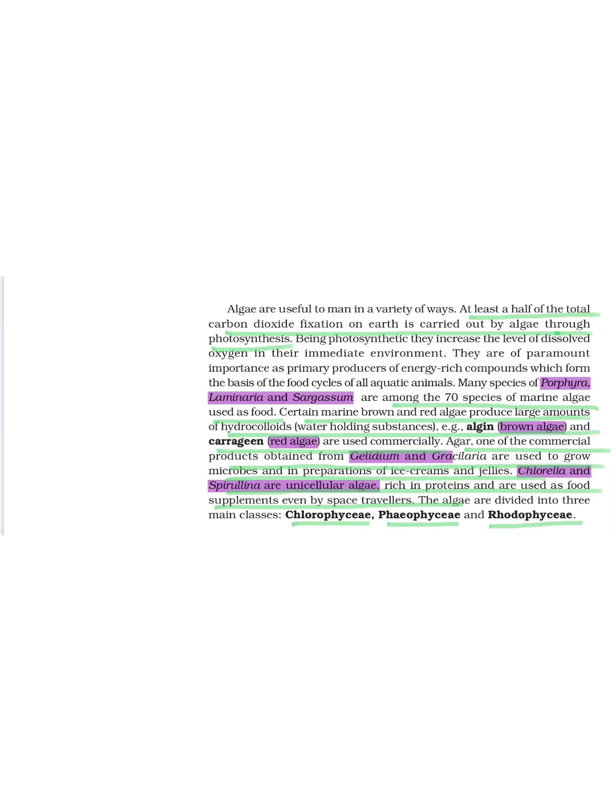Okay, let us see some points regarding economic importance of algae. Firstly, algae are autotrophic organisms, and at least half of the total carbon dioxide fixation on earth, that means photosynthesis, is carried out by algae, and majorly it covers a maximum part.